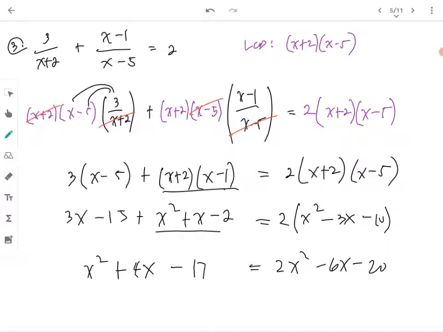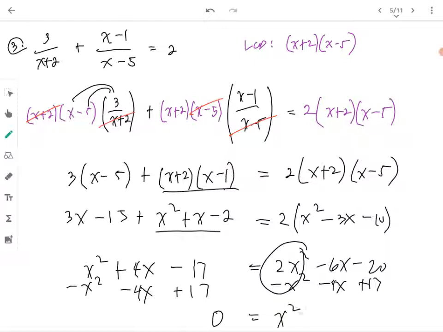So from here, let's make it 0. So that's minus x, minus 4x, plus 17. So this becomes 0. So here, 2x squared and x squared, that's x squared actually, that gives us positive x squared.